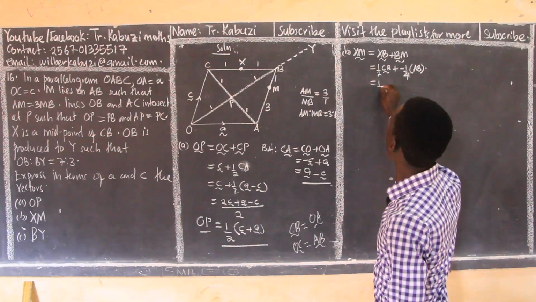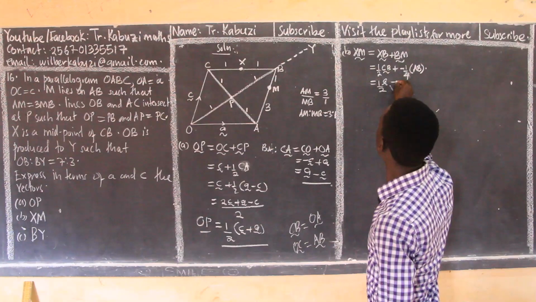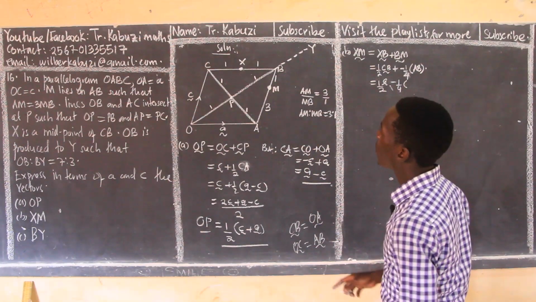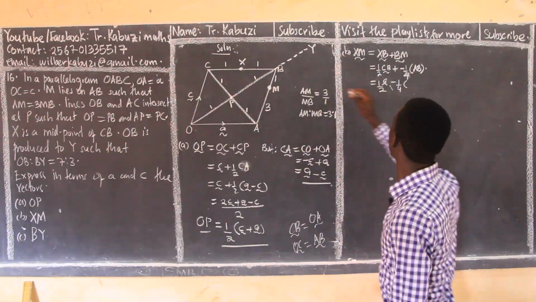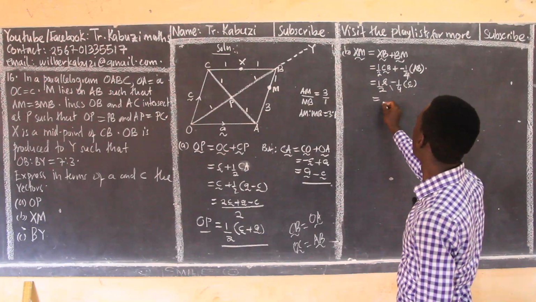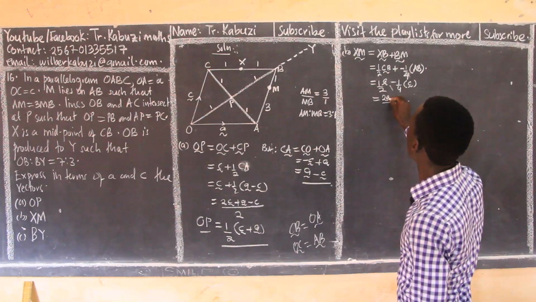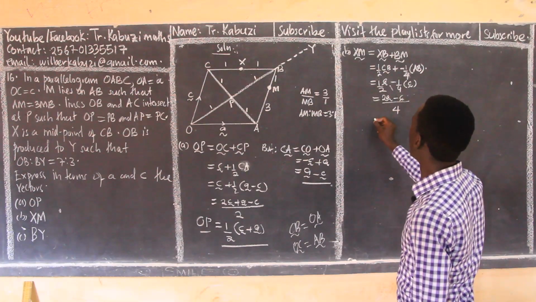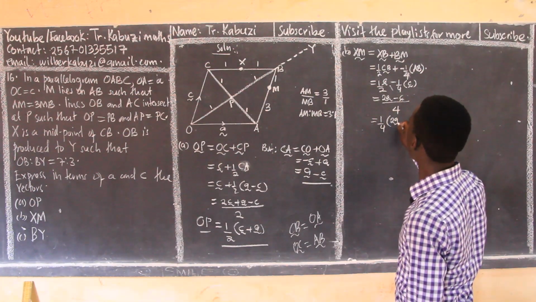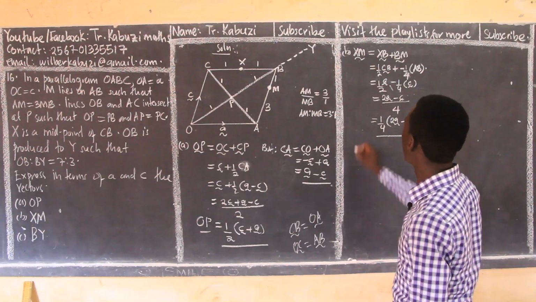So this will be now a half, CB is A, then minus a quarter AB. Our AB is the same as that one, which is also C. Then getting the LCM, which is 4, this will be 2A minus C, which we can abbreviate as a quarter into 2A minus C. But even if you leave it here, you will get all your marks.